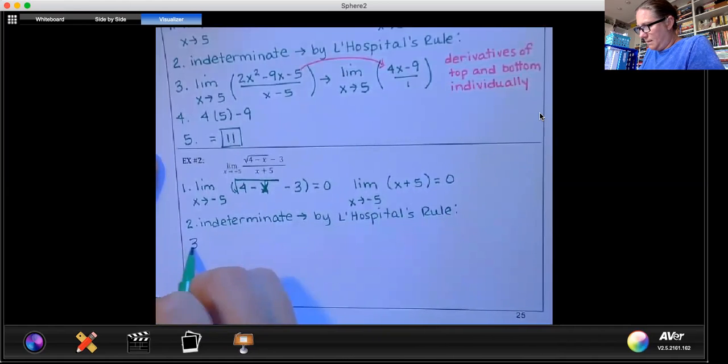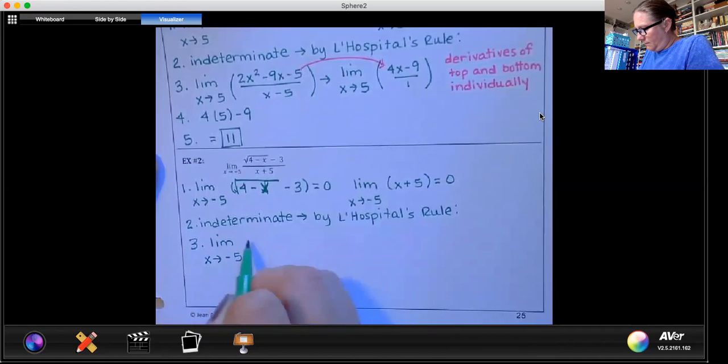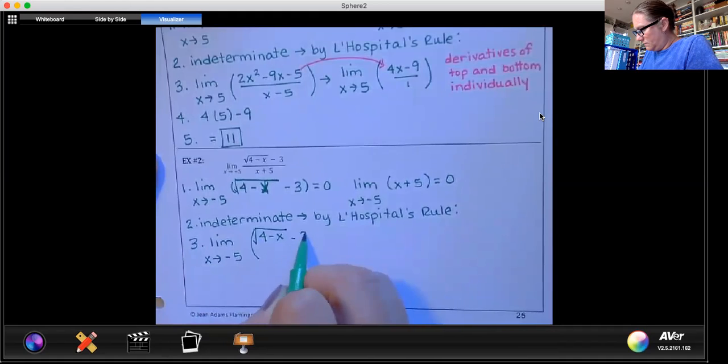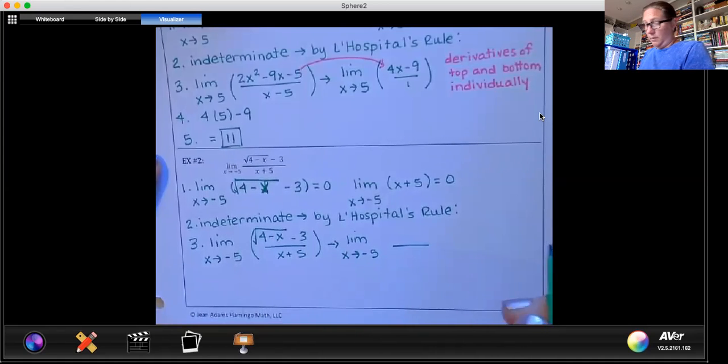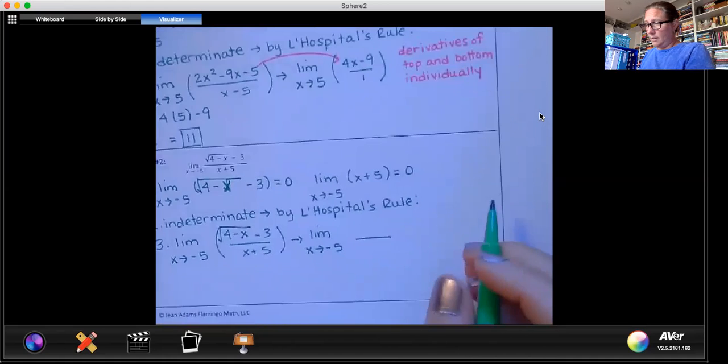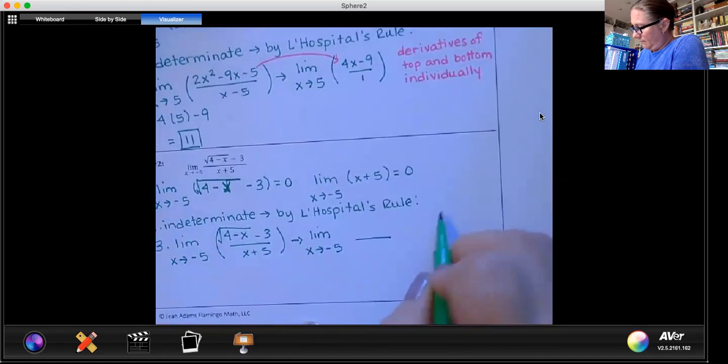Remember the next step, limit as x approaches negative 5 of our function, and we are going to make that the limit as x approaches negative 5. The bottom is 1, but we have got to take the derivative of the square root of 4 minus x minus 3.